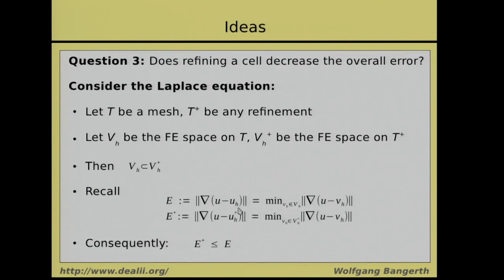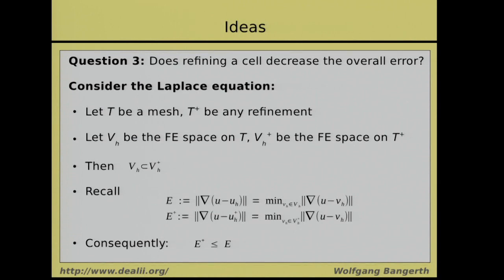So UH is that function that minimizes the error here. And the same is of course true for E plus, the error of U minus UH plus on this slightly refined mesh, that UH plus again is that function VH in the enriched space VH plus that minimizes the error.